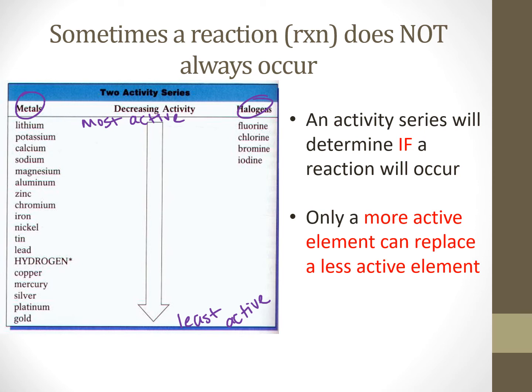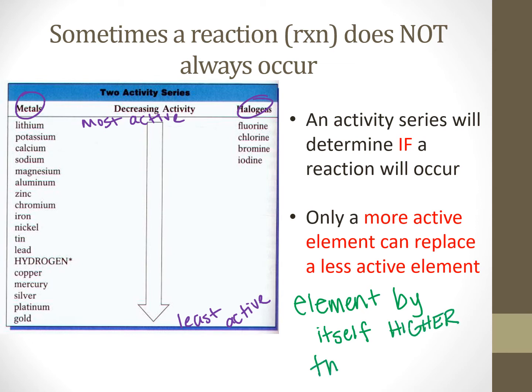So the way you should think about it is the element that's by itself. In terms of if I'm looking at the single replacement reaction, the element by itself needs to be higher than the element in the compound.